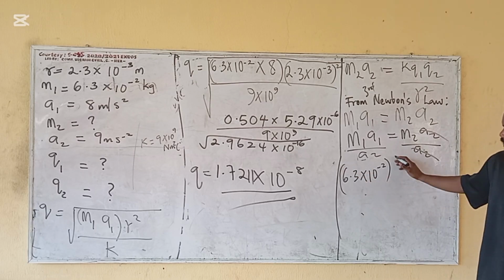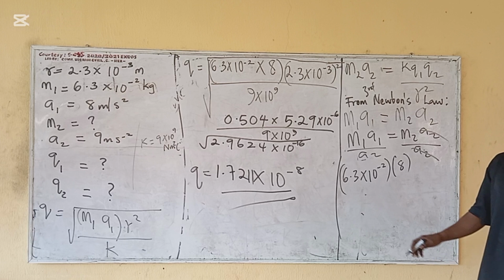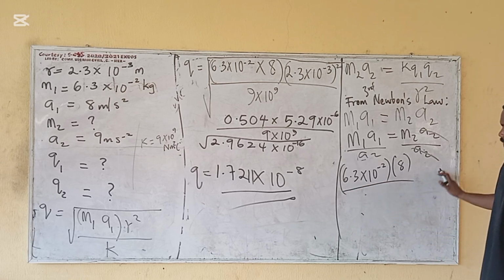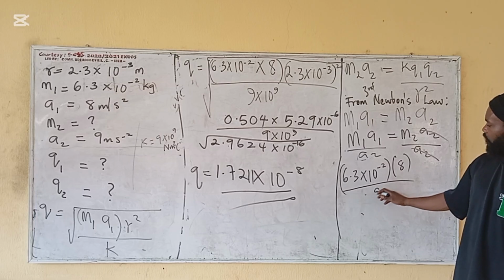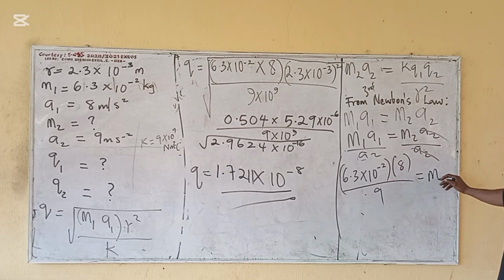Then A1 is 8 all over 8. A2 is 9. So punch it, let's see what you have.